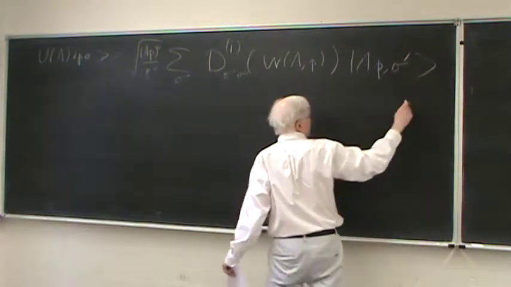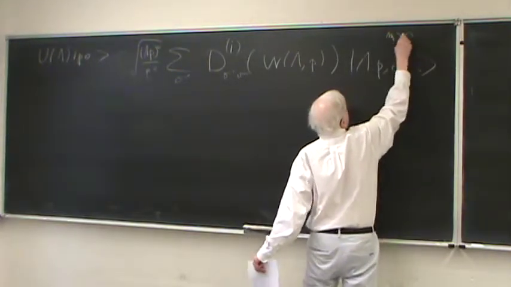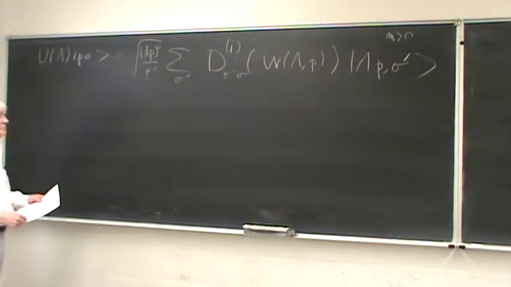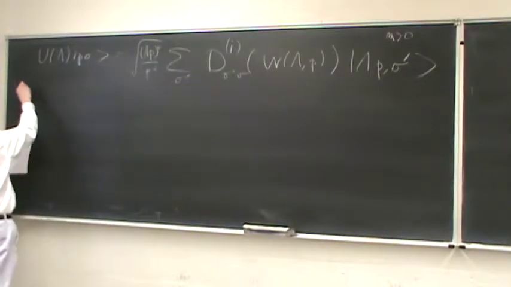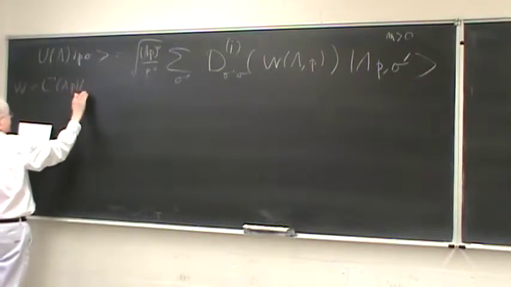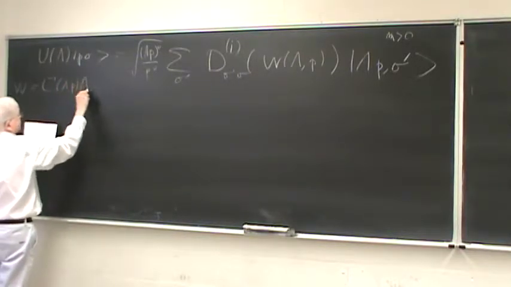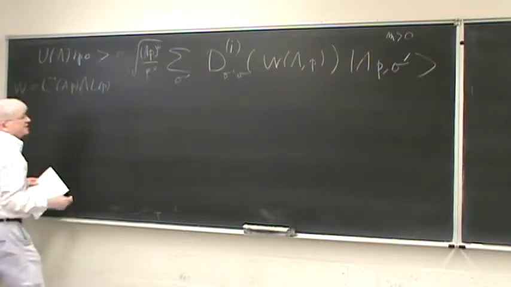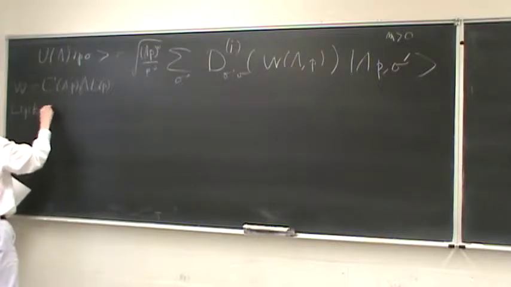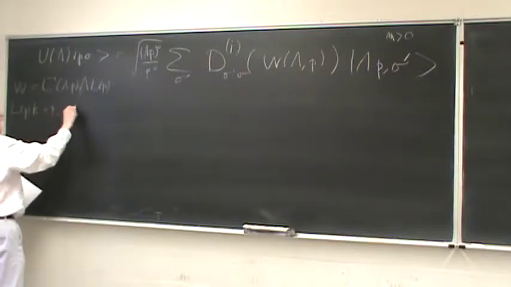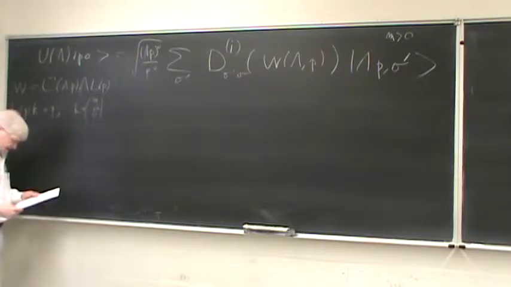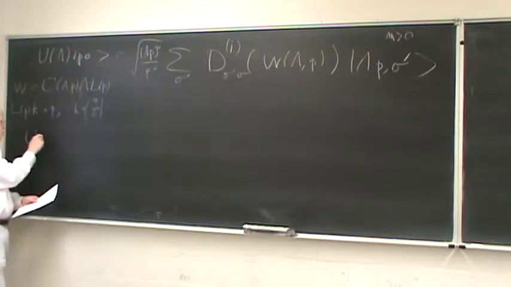This is all for massive particles, and we're going to stick to massive particles for today. W is L inverse of lambda p, lambda L of p, and L of p is the thing that takes you from k to p, where k is just (m, 0). Okay, so that's basically it.